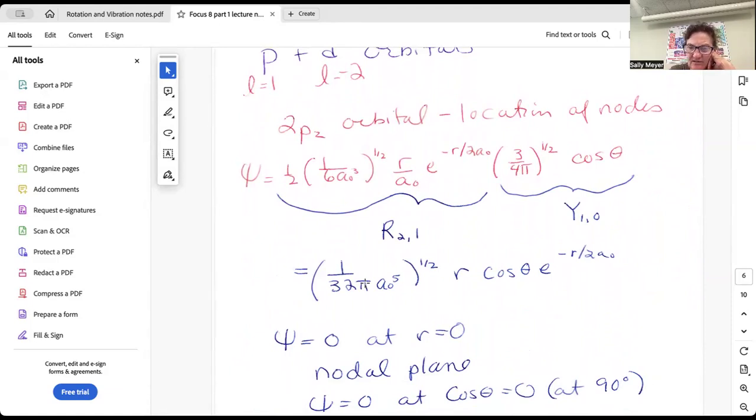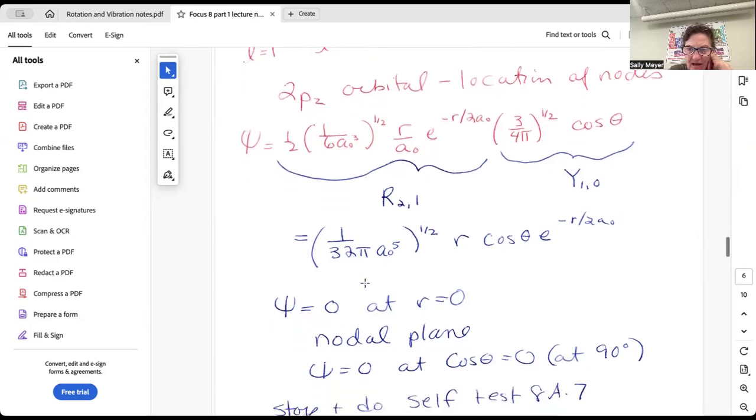They can't go to the other side of r equals 0. But we do know we have a nodal plane, which is different than a radial node. So you have a plane where there's 0 probability at the point at which cosine equals 0.